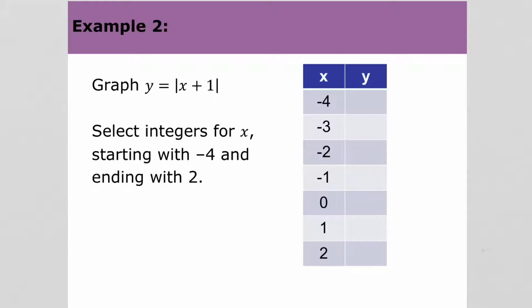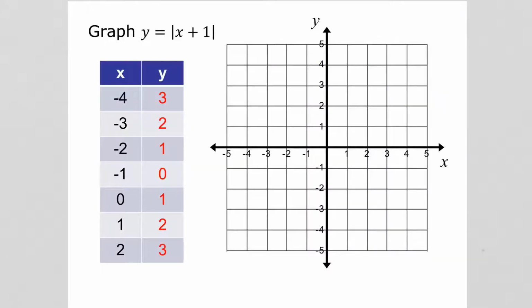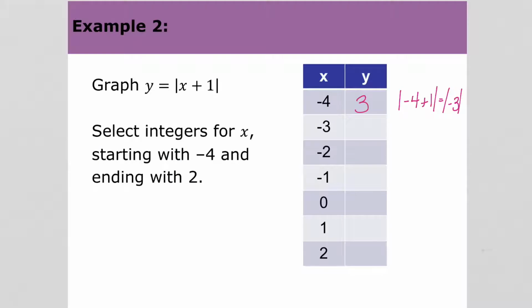So the first point, we're using the x value -4, so we say the absolute value of -4 plus 1. Well, that's the absolute value of -3, which is 3. So we can go over here and plot that point. Oh, I've already got them written for me, so we don't need to worry about that.